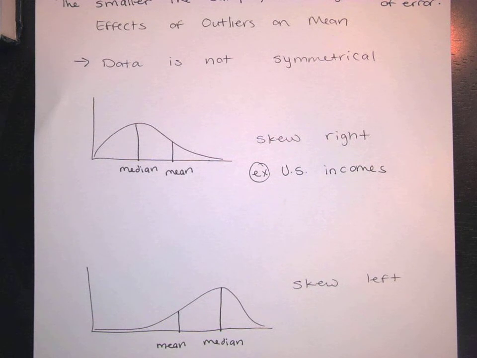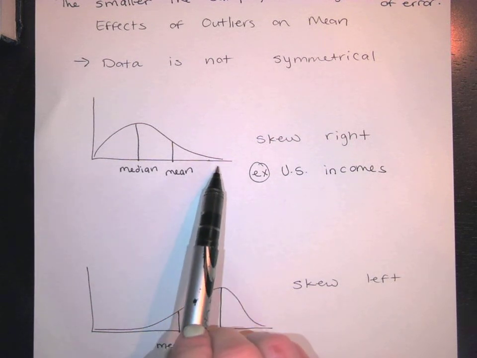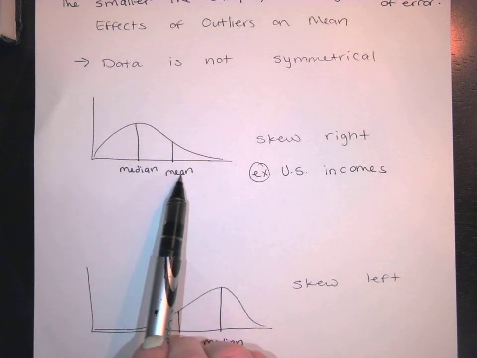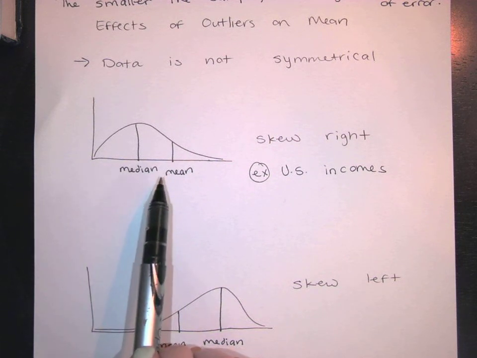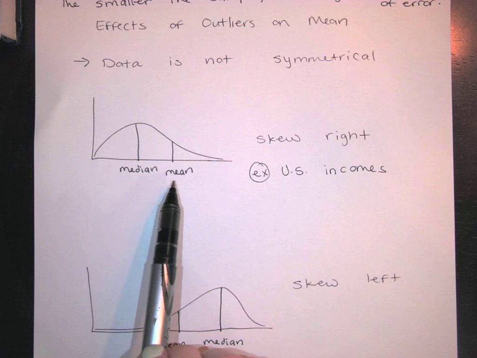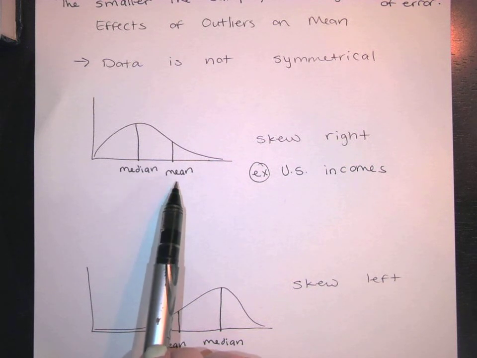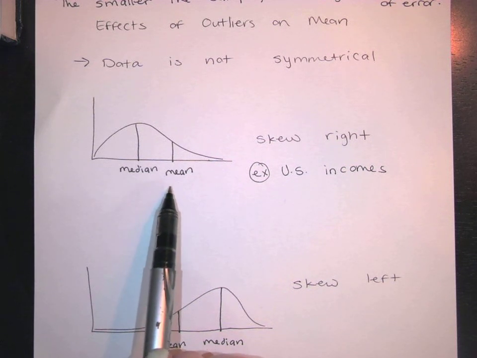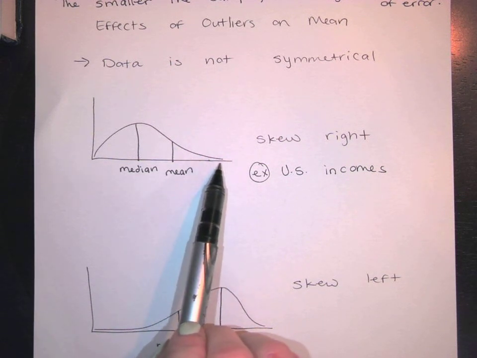If there's some very, very rich people, that's going to pull the mean, which is the average income, up. So if we say, and I'm totally just making up a number, the average U.S. income is $70,000, that doesn't mean that if you picked a random person off the street, that's what they make, because the average takes into account the outliers.